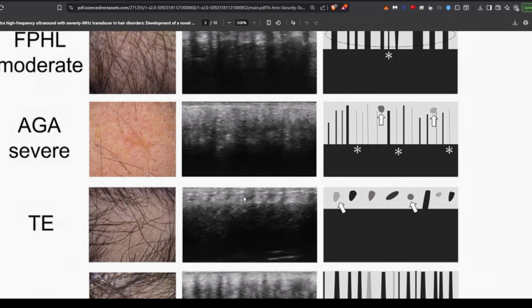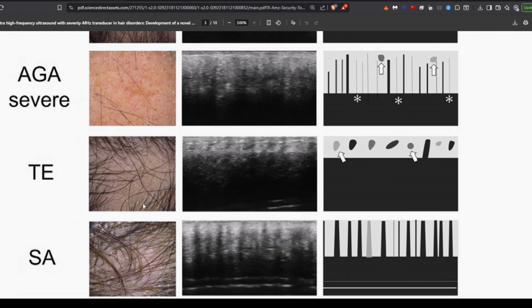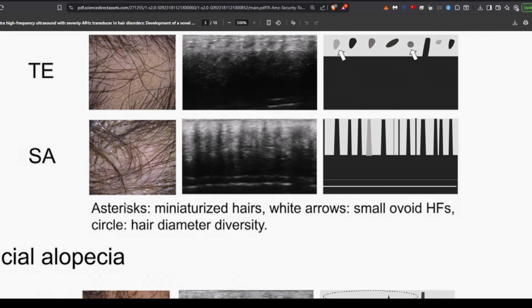And that is because those hair follicles are intelligent. And like I said before, you can possibly predict if someone's going to shed by looking at the number of hair follicles that are in catagen using high frequency ultrasound imaging. So that's pretty interesting.